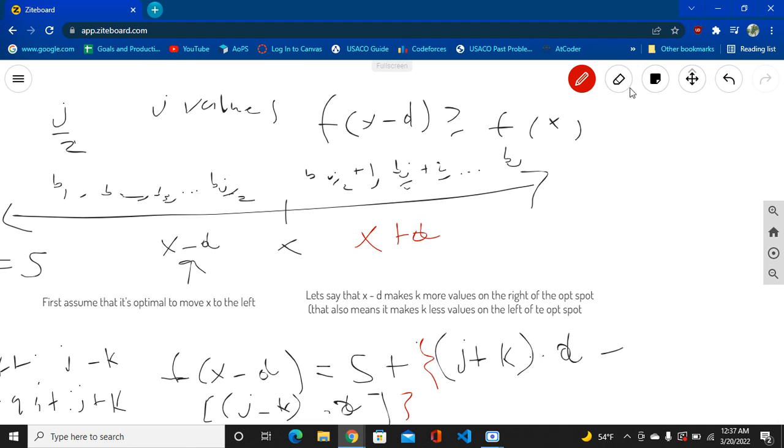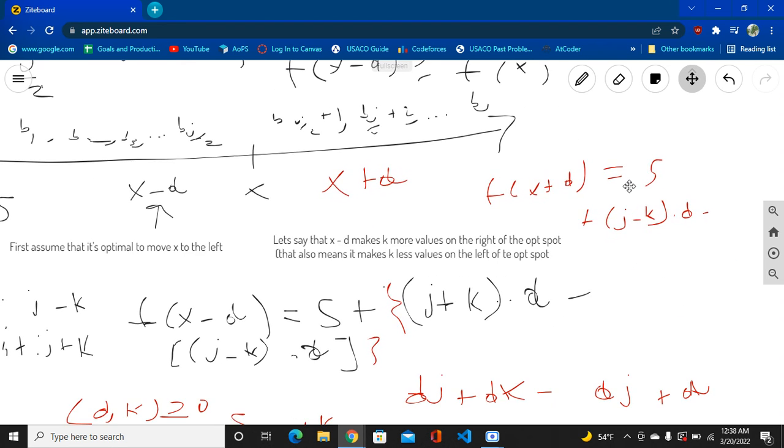We would have f of x plus d equal to s plus j minus k times d, minus, so j would be j minus k minus d, minus j plus k times d, and that would be dj plus dk. We have minus dj, and then we have minus dk.